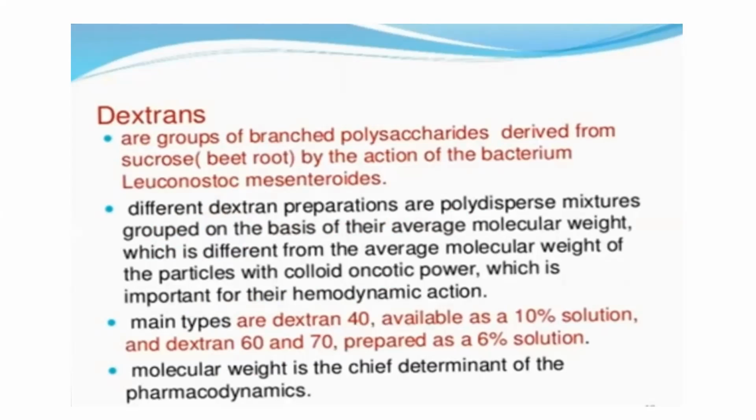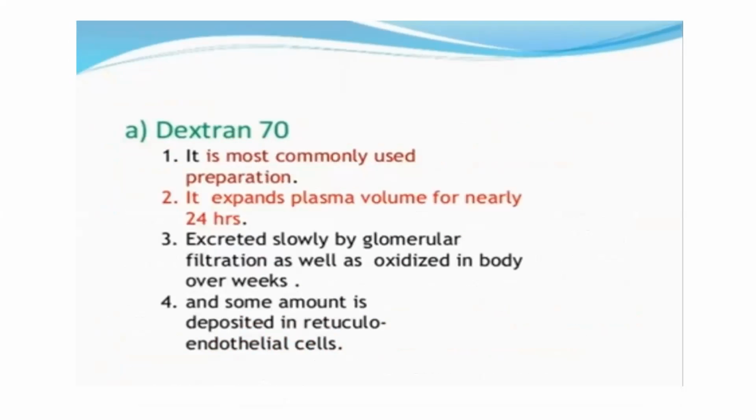Main types are dextran 40, available as a 10% solution, and dextran 60 and 70, prepared as a 6% solution. Molecular weight is the chief determinant of the pharmacodynamics. Dextran 70 is the most commonly used preparation.